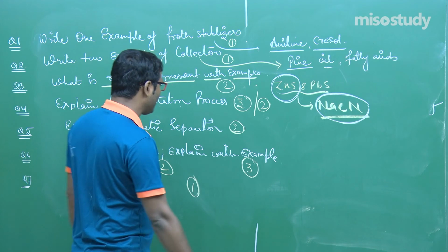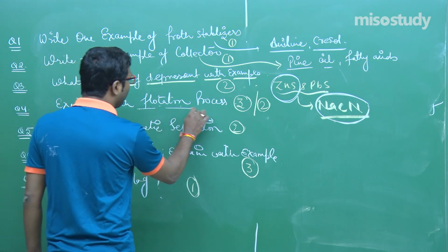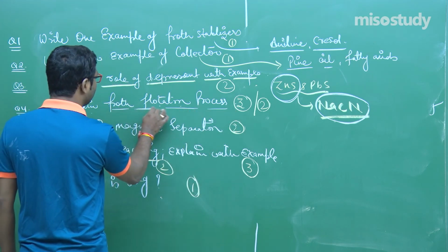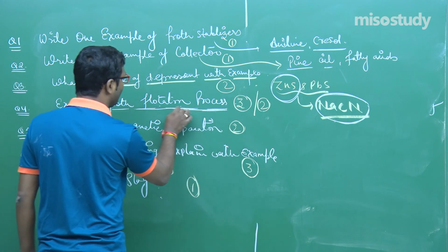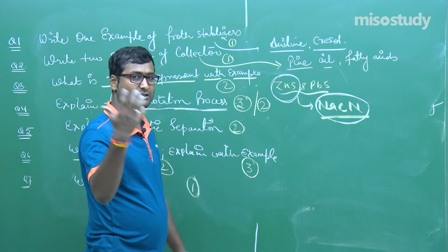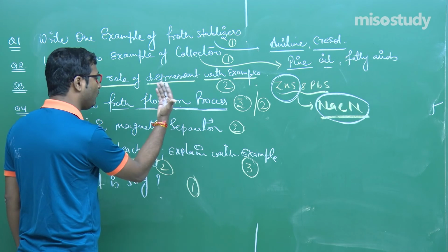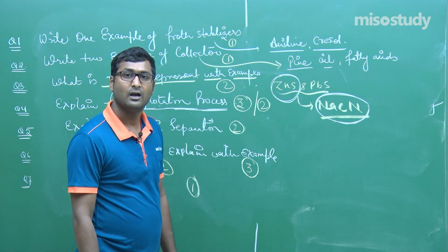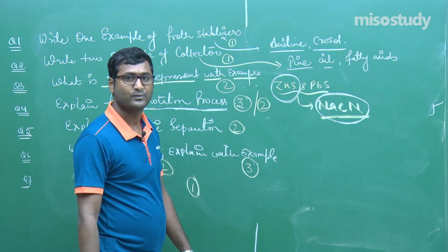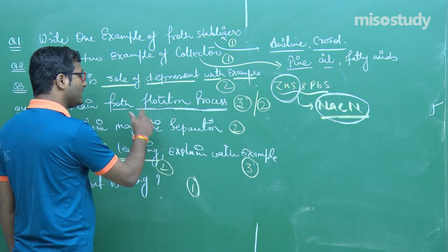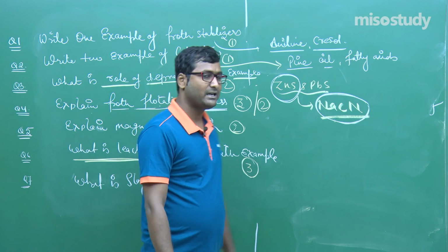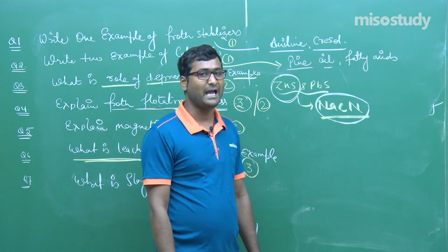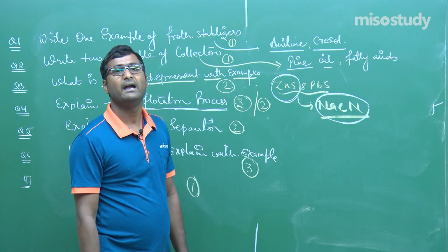Explain froth flotation process. As we know, it is the process used for the concentration of sulfide ore. It depends upon the differential wetting capacities of the ore and the particles, that is, the impurities. Clear? As we know, ore particles are wetted by oil easily, and the impurities are wetted by water.